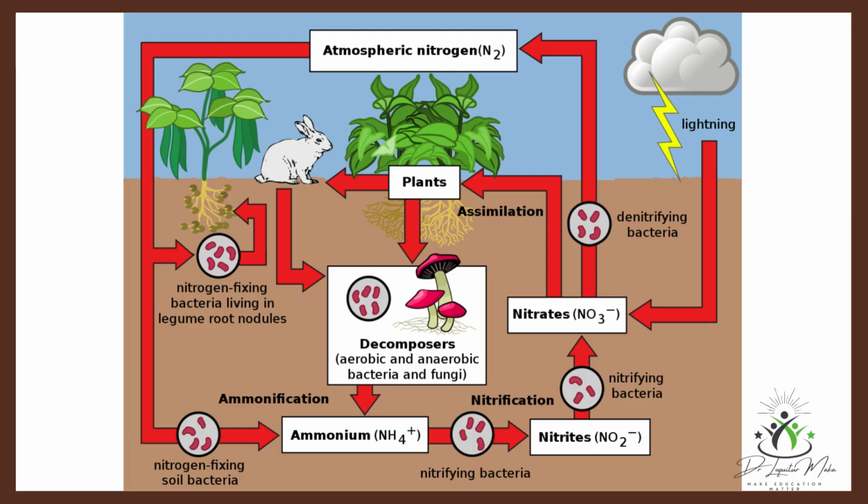This can also, for example, be fixed through man-made processes. Now, these are primarily industries that create ammonia and nitrogen-rich fertilizers. So this is going to take a little bit long, but I want you to understand.